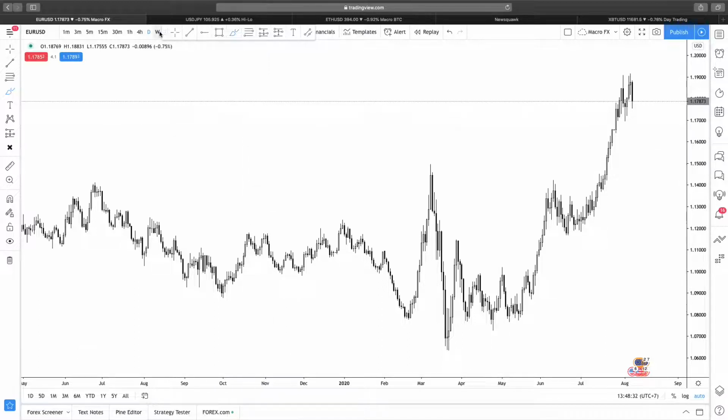So we always work top down. Generally I work from monthly, weekly, down to daily, down to H1, down to M5. Today we're going to be on the daily.